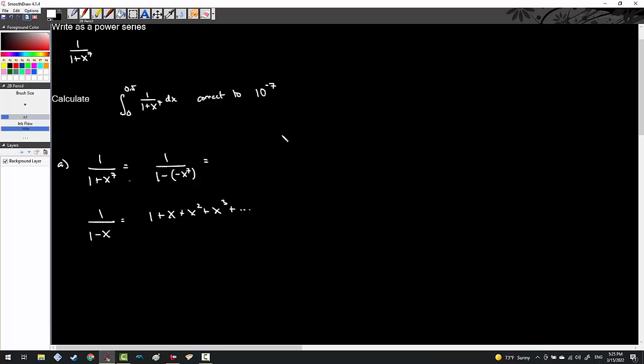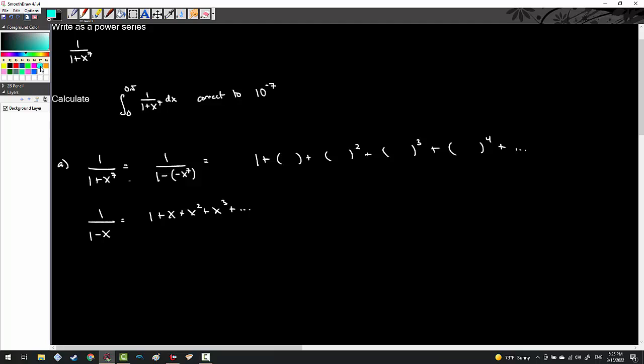So that allows me to have 1 plus a thing plus another thing squared plus another thing cubed plus another thing to the 4th plus ... And what is that thing the whole time? Well, that thing is the negative x to the 7th.